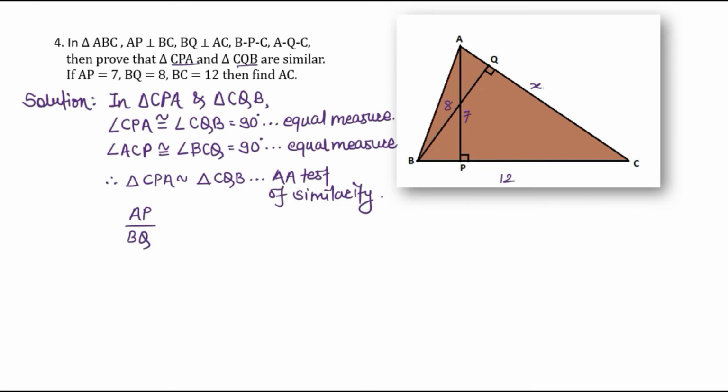Because A corresponds to B, P corresponds to Q, and C corresponds to C. So AP upon BQ is equal to AC upon BC.